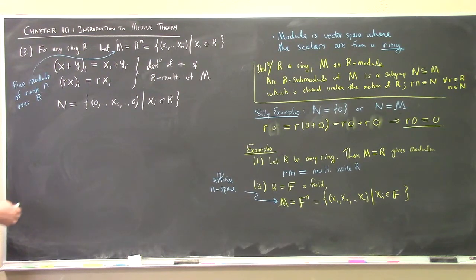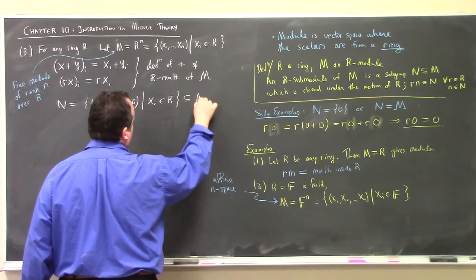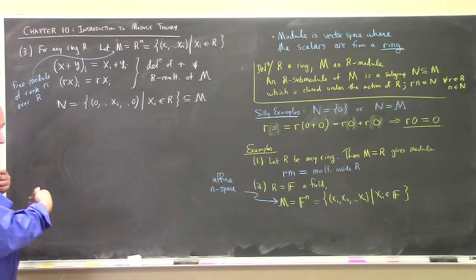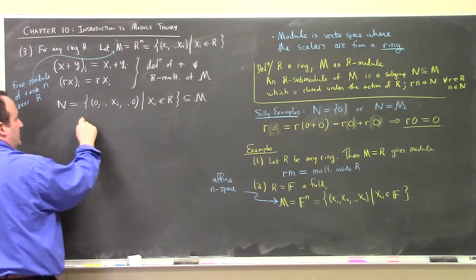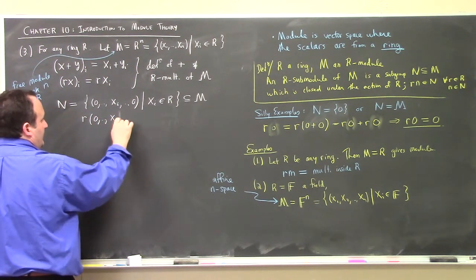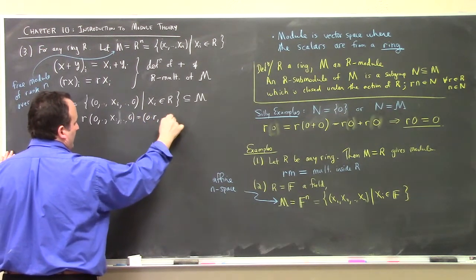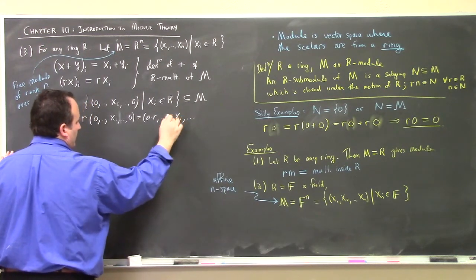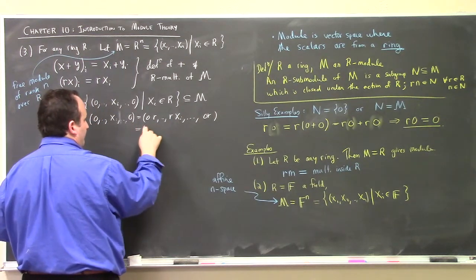So that gives you a submodule. Because if you add two things of that form, they're still of that form, right? Zero's in there. If you do multiplication, the R action, what happens? 0R, RXI, 0R, but we just proved 0R is 0 for a ring.